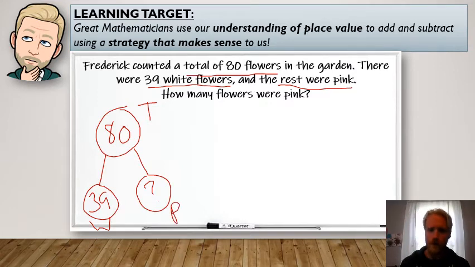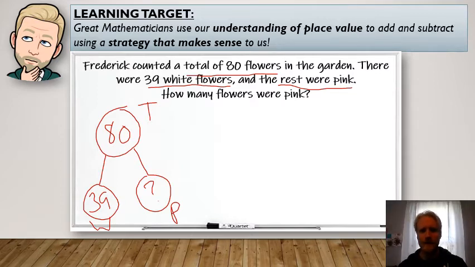All right, so now that we have a number bond set up, I see 80 is my whole, 39 is a part, and we don't know the other part. So if we are trying to solve for a part, are we adding or subtracting today? Yeah, we're going to have to subtract. So let's use one of our handy-dandy strategies to solve. Now, yesterday I used flat sticks and dots, so let's practice with expanded notation for today.